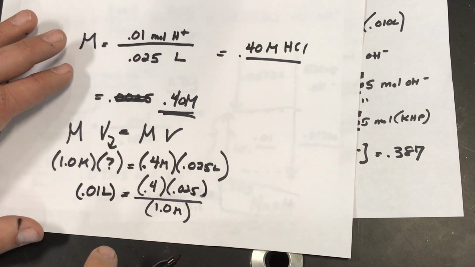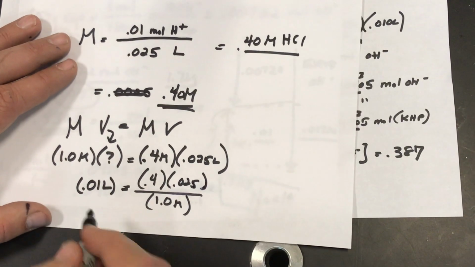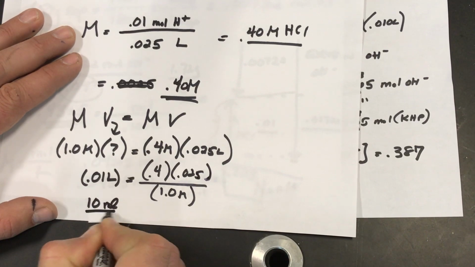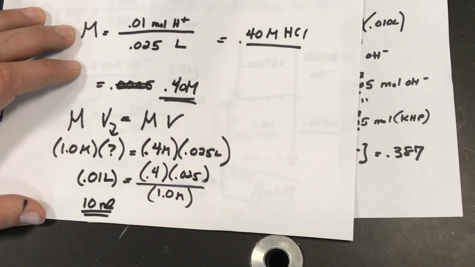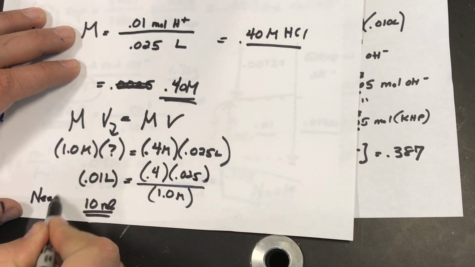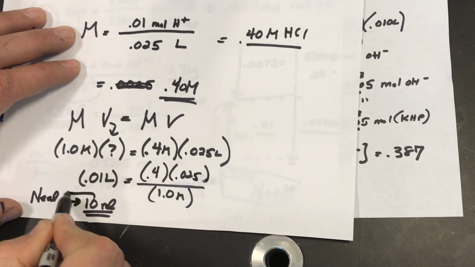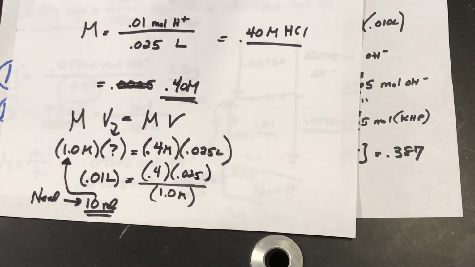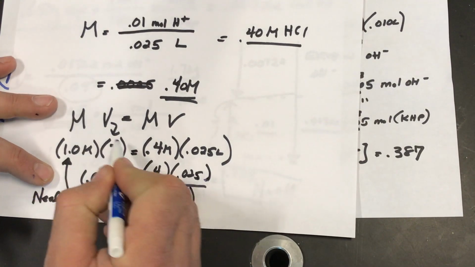And what does that mean? 0.01 liters is 10 milliliters. So when you use this equation, you need 10 milliliters of a 1.0 molar solution. You measure out exactly 10 milliliters, and then, party people, you dilute.